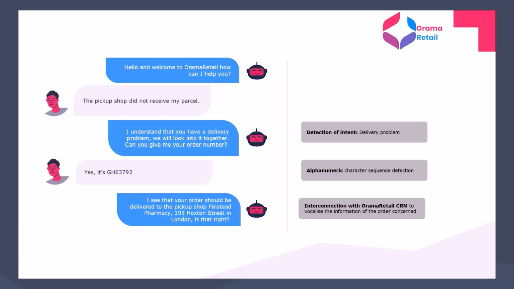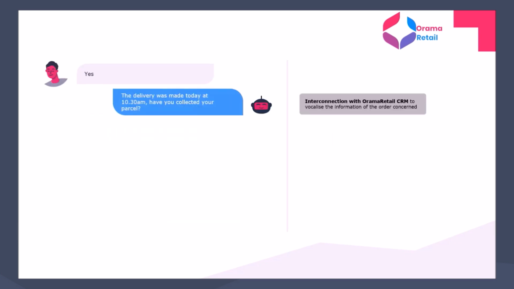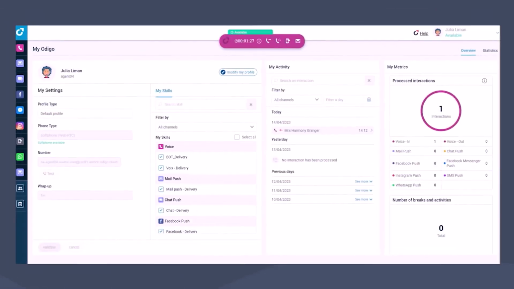I see that your order should be delivered to the pickup shop Finstead Pharmacy, 193 Hoxton Street in London. Is that right? Yes. The delivery was made today at 10:30 a.m. Have you collected your parcel? No, they didn't have it. I understand that the pickup shop did not have your package. Hold on, we'll put you in touch with an advisor.